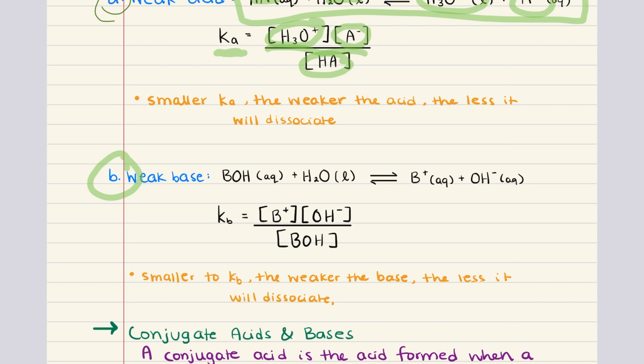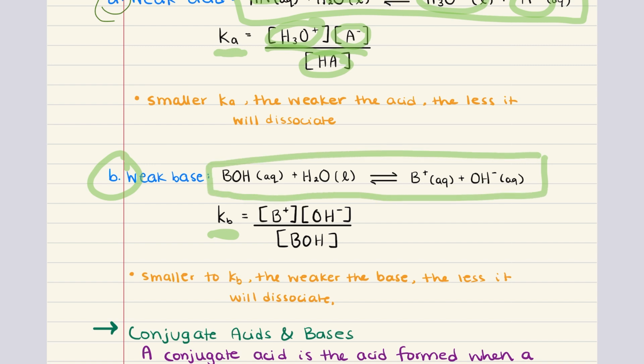And here again, the degree of dissociation is quantified by the base dissociation constant, Kb. Here we see the general dissociation reaction for a weak base. Our weak base in water reacts to form hydroxide ions and our conjugate acid.